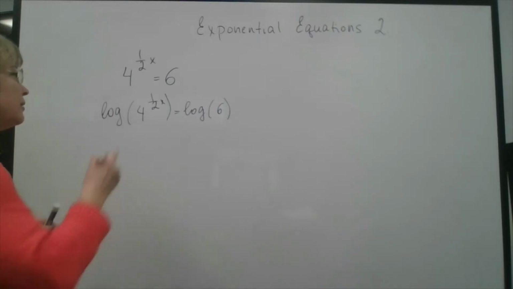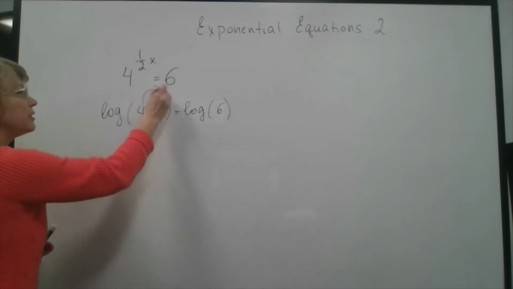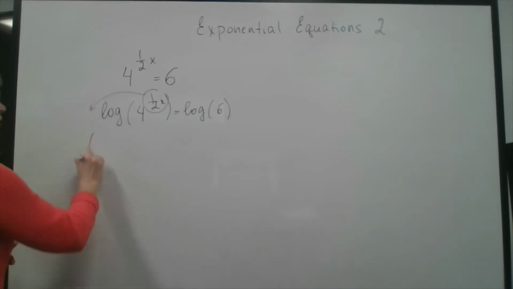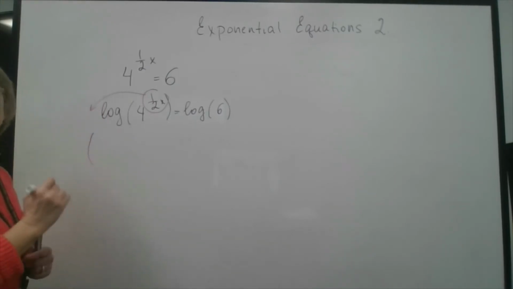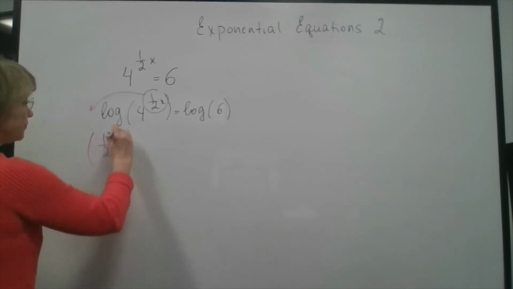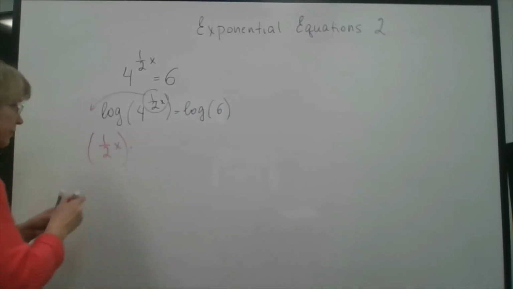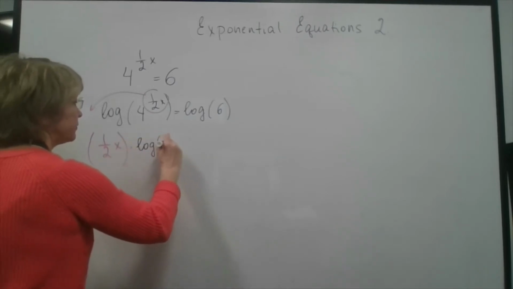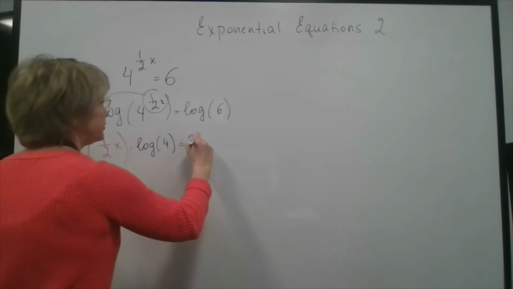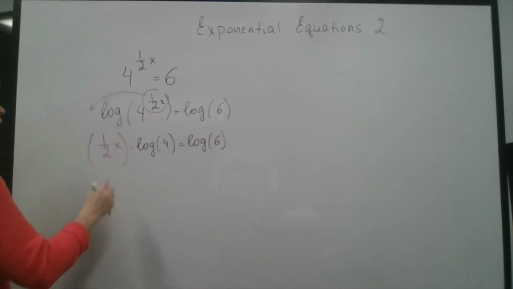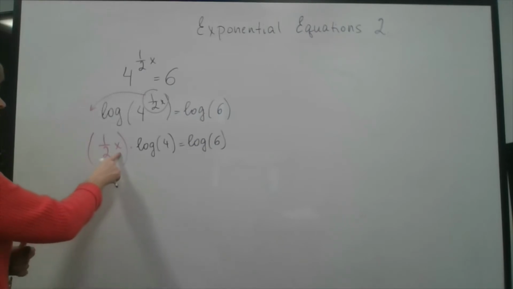The next step, we have to move the exponent in front of the logarithm. And you have to put the exponent inside of parentheses. The logarithm of 4 here is equal to the logarithm of 6. My x is right here.